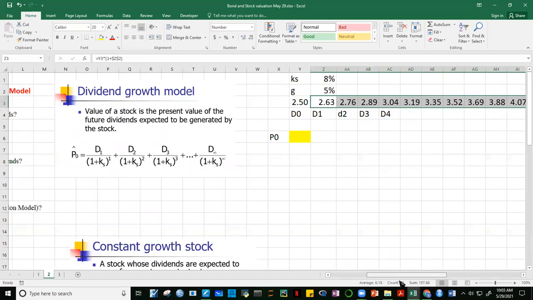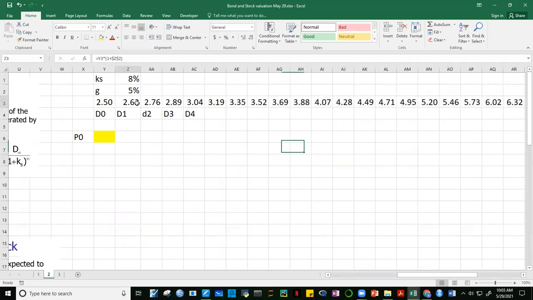Okay, in math, it can be shown that these future cash flows, take note, we're not including 2.5 because it's already historical.